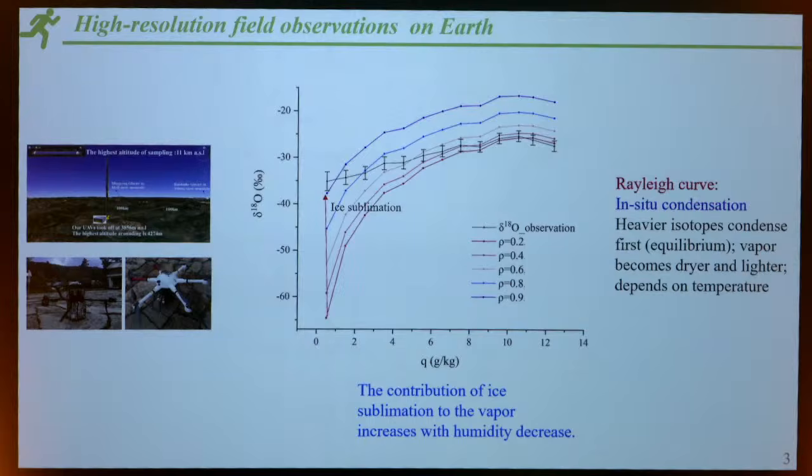When it sublimates, it will release heavy isotope back into the vapor, enriching the surrounding vapor. To test this, we add different contribution ratios from ice sublimation to the Rayleigh curve. From red to blue, the contribution ratio increases. The observations shift toward the blue line. That suggests that the contribution of ice sublimation to the vapor becomes stronger higher up.